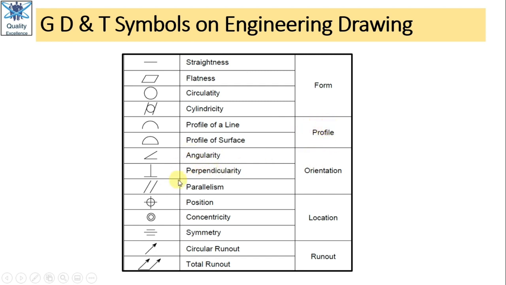Angularity, perpendicularity and parallelism are categorized under orientation. Position, concentricity and symmetry are categorized under location. Circular runout and total runout are categorized under runout. There are other symbols also. You can refer to the engineering drawing, and whatever symbols are there other than these, you can refer to those and prepare for the interview.